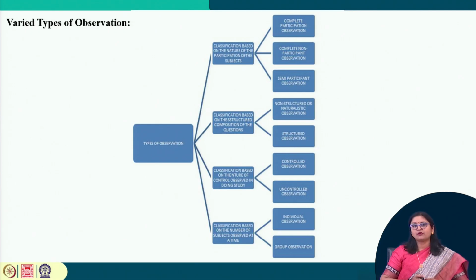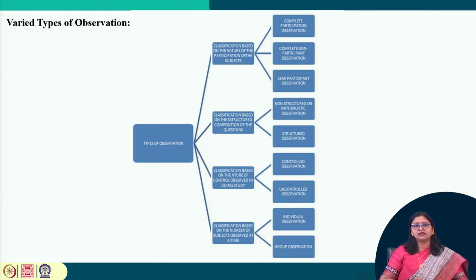So, here are the varied types of observation. First, classification based on the nature of the participation of the subjects: complete participant or semi participant observation. Then the classification based on the structure of the questions, non-structured observation and structured observation. Then the classification based on the nature of control during the study, like controlled observation and uncontrolled observation.